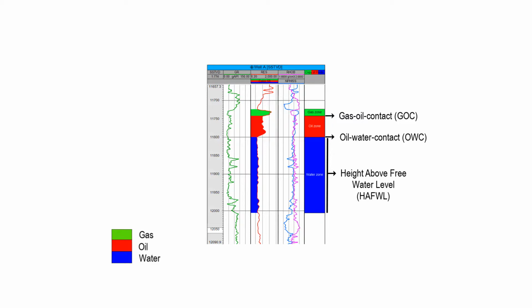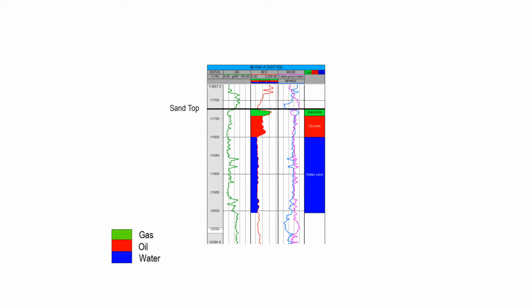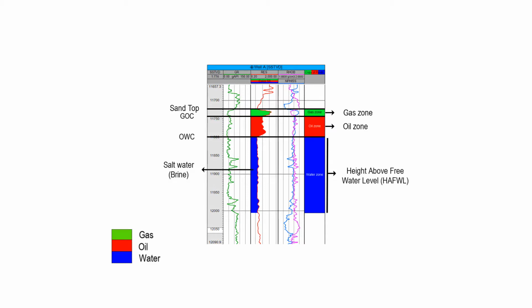So with this well log analysis, we have been able to determine this sand top, gas zone, gas oil contact, oil zone, and then oil water contact. We have also been able to determine the salt water, that is brine, height above free water level, as well as the sand base.